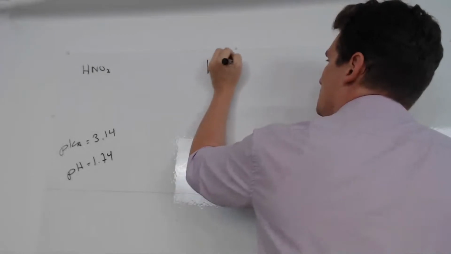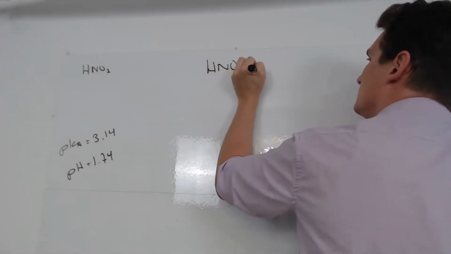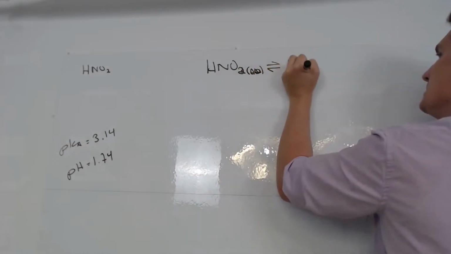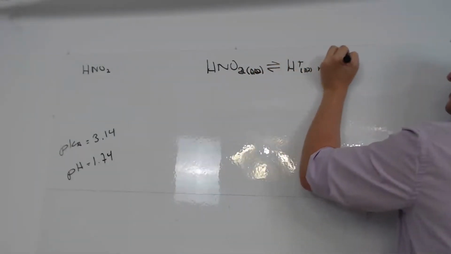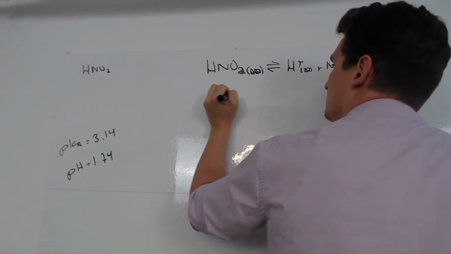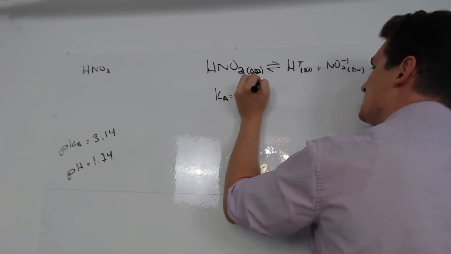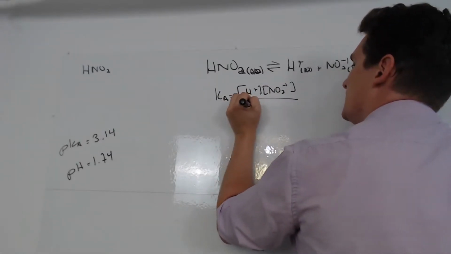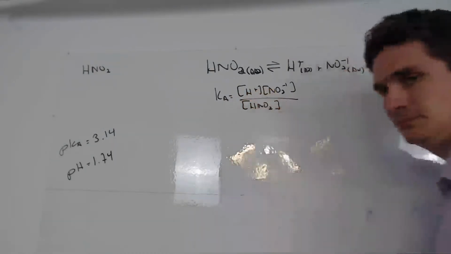So HNO2 dissociates into H plus and nitrite. We've got Ka equals the concentration of H plus times the concentration of nitrite, over the concentration of HNO2.